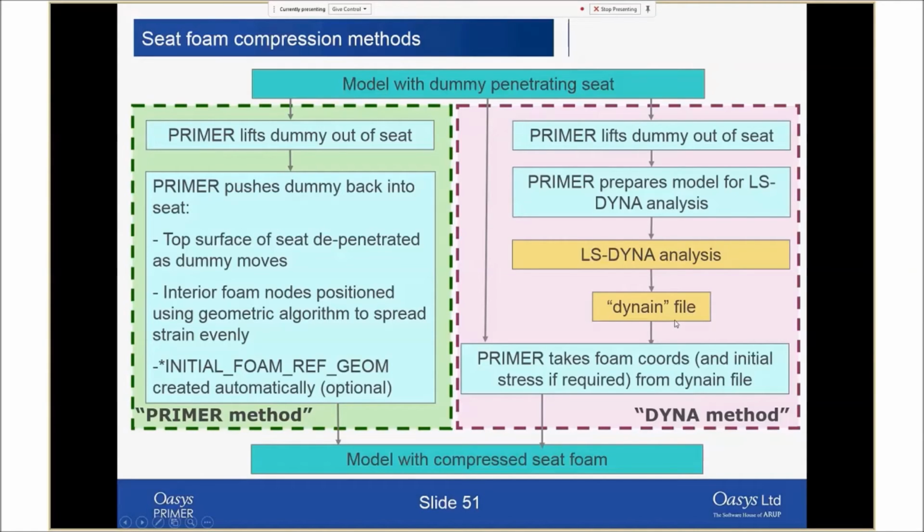The Dyna in file is just a keyword deck containing nodal data and various other data produced at the end of the analysis. You can then, in Primer, take your original model and import the data in that Dyna in file. So import the foam updated nodal coordinates, and you can also import initial stresses from that file as well if you want to.